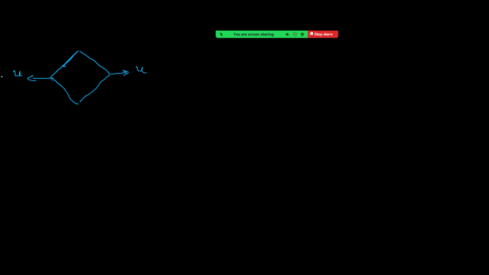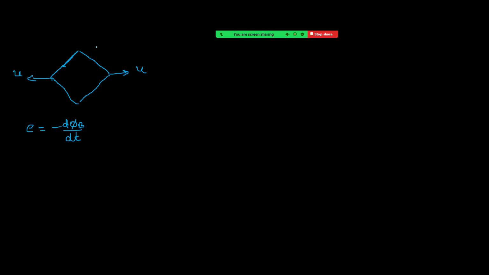The first one is asking EMF induced, right? So we have learned that EMF induced is equal to minus d phi B by dt, negative of rate of change of magnetic flux, right? Let us see how to calculate.